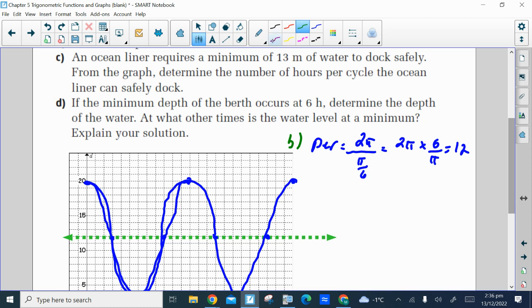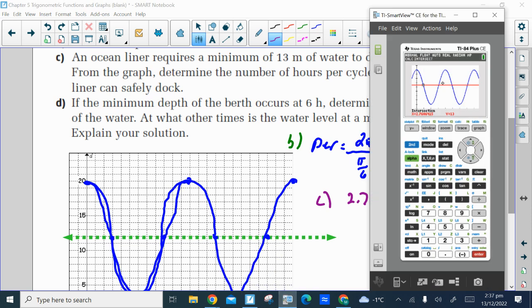So this is part C. The first section is 2.76 hours. And then the next section will be from this point of intersection, where it comes up and hits that line y equals 13 again, up to the maximum, which is at 12 hours.